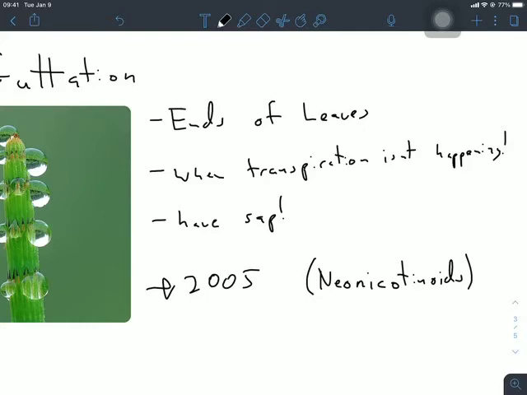So if something is coming by and eating the leaves of a plant, it's going to bite into the sap, and if it's an insect, the neonicotinoid will kill it.